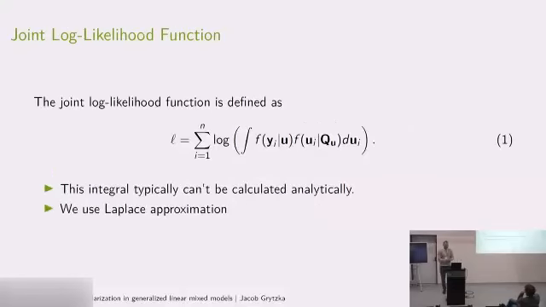In the mixed model setting, we have this joint likelihood where we have this response y, and the random effects u, and then we have the density for the random effects. This is the covariance matrix, and this integral typically cannot be calculated analytically, so we use the Laplace approximation of it.